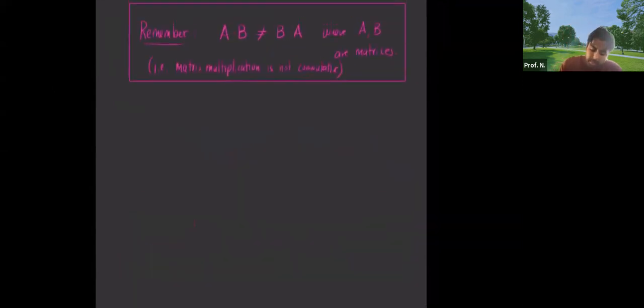Okay, so I'll give you an example. Let T be a transformation that takes R2 to R2. So my domain is R2 and my codomain is R2.